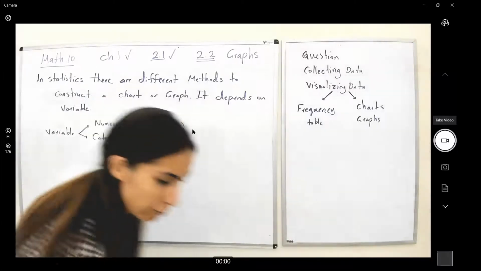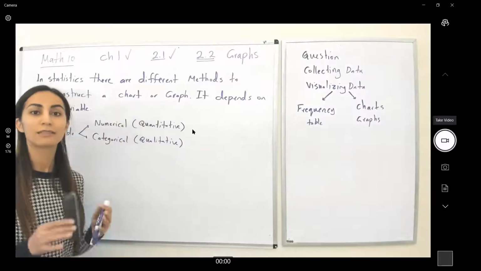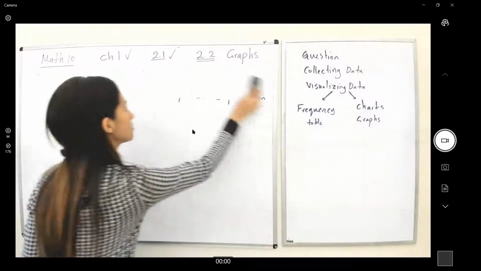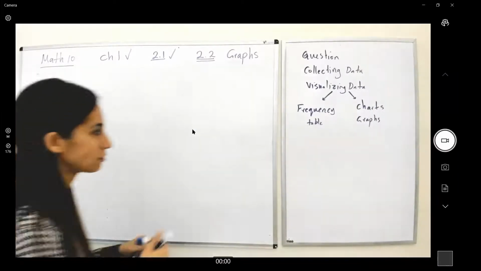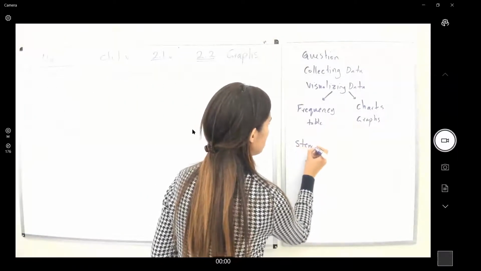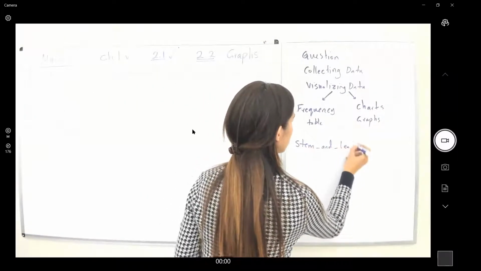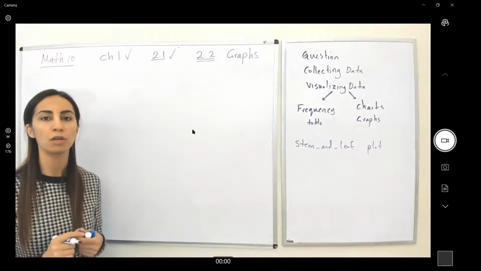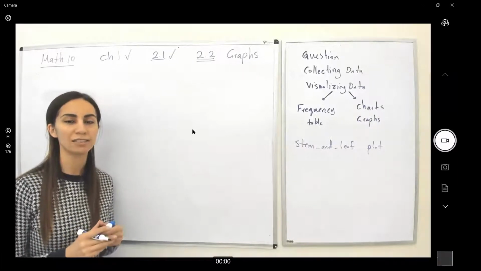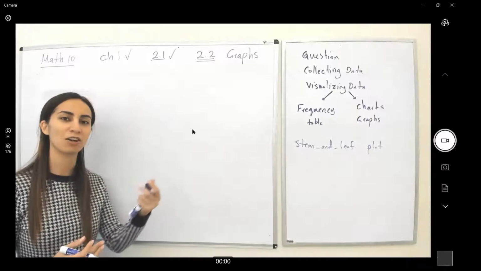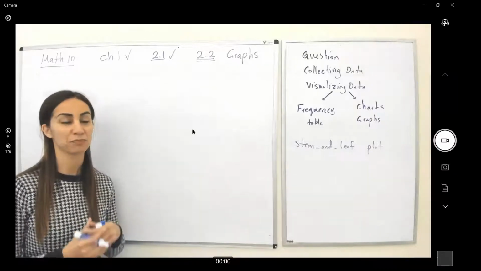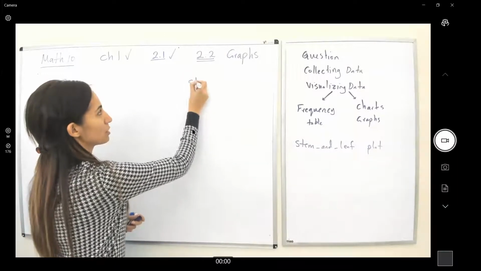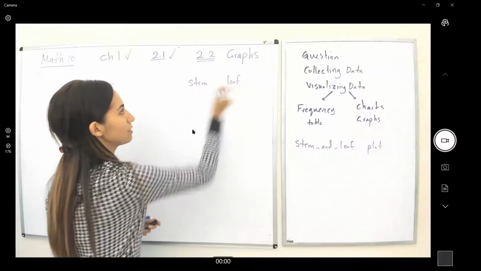Well, how do we form and construct a stem and leaf plot? We try to categorize the numbers based on the digits that they have. For example, let me write stem here and leaf here for you.